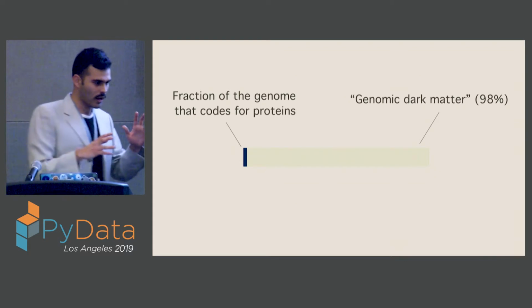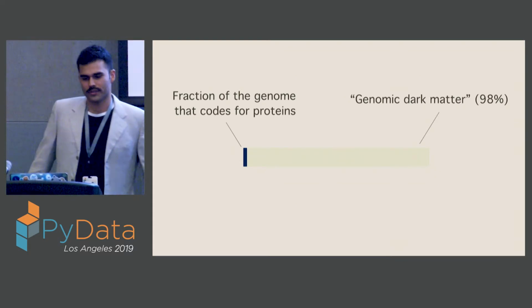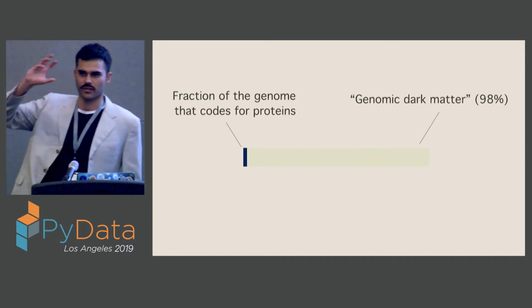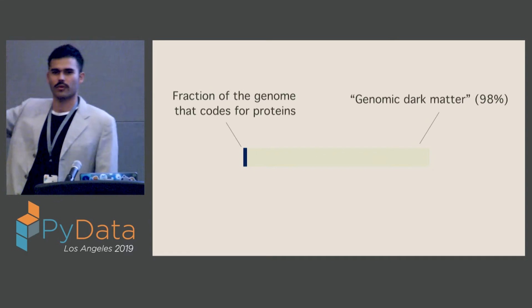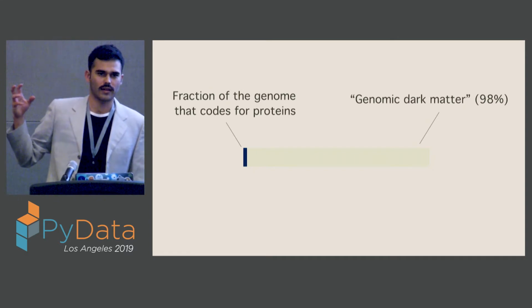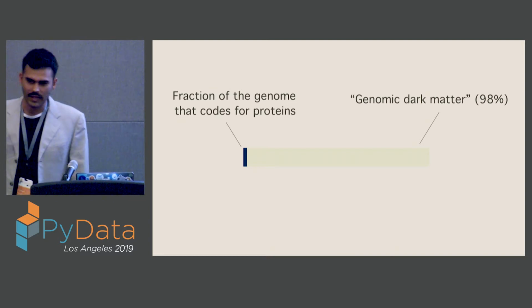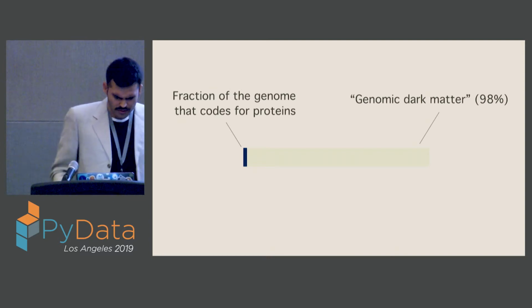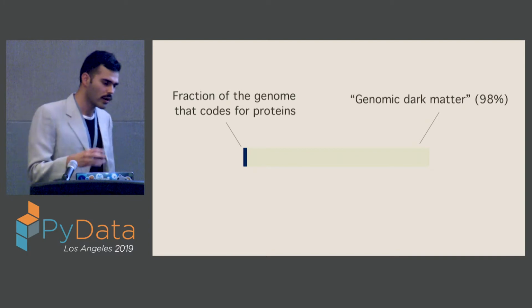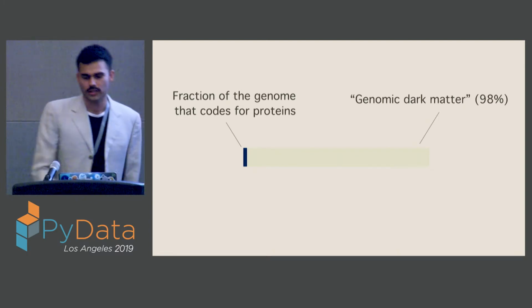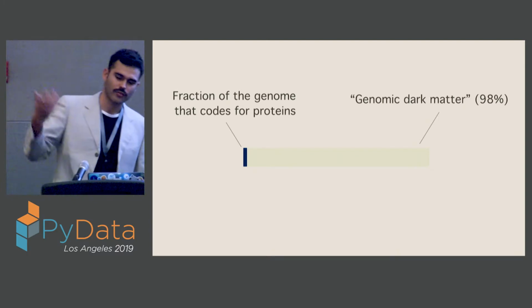I won't get into the details, but this gives you a sense of the sheer complexity we're facing as biologists, and a motivation for why we should use machine learning tools to extract as much information as we can.